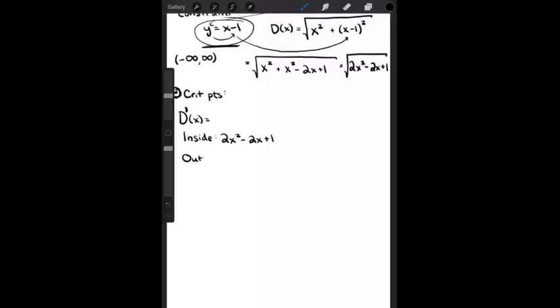So the derivative of the inside is just some power rule stuff. The derivative of the outside is this guy, which is 1 over.